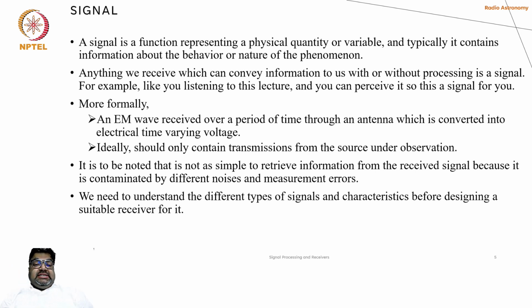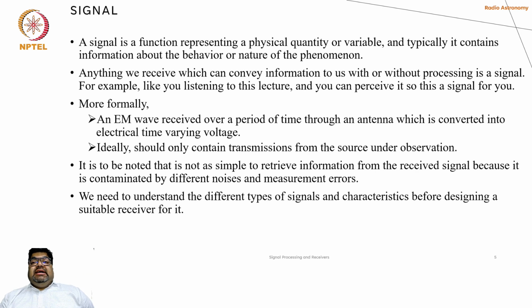What are the characteristics and features in time and frequency, so that we can build an optimized receiver system to collect that signal? A signal may be peaking at a particular frequency, so to optimize the gain, we also need to design our telescope at that particular frequency.